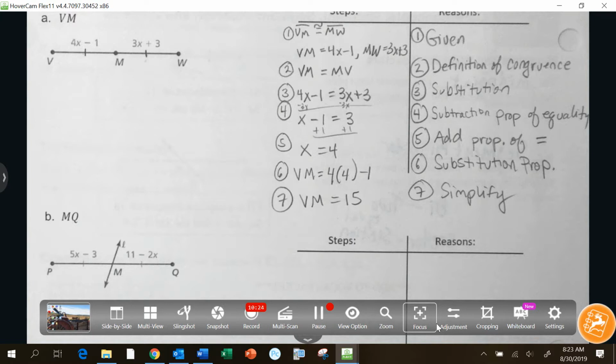When you are done and the person next to you is done, or if you are stuck, I want you to say, hey, friend, you help me get this next step, or hey, friend, could we check our answers off with each other? See if we got the same answers.